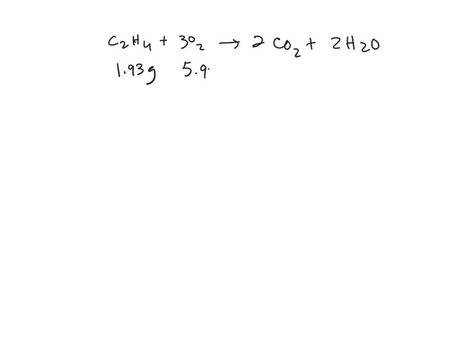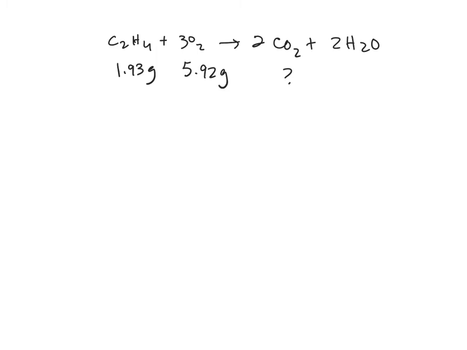I'll write down the reaction: C2H4 plus 3O2 forms 2CO2 plus 2H2O. We have 1.93 grams of C2H4 and 5.92 grams of O2. Let's get the CO2 in two separate calculations.